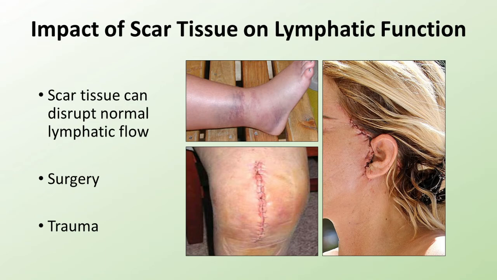You can see from that scarring on the knee, this is somebody that's gone for a total knee replacement. We've got a lot of scarring, we've got the edema. In this area, we probably won't want to be working directly over this scar tissue immediately, but certainly we can work more proximal, and that's one of the benefits that I love about manual lymphatic drainage: we can always do the work.